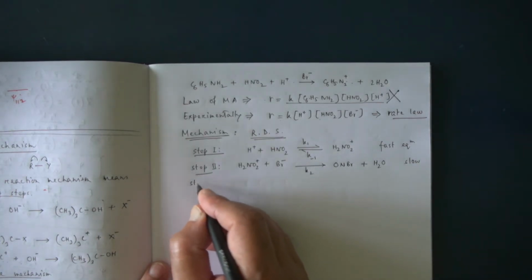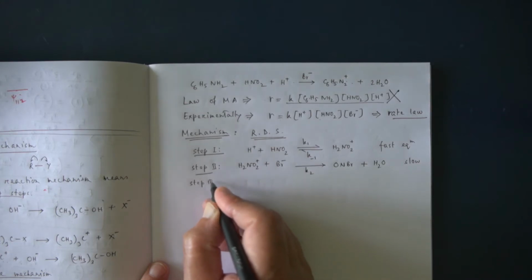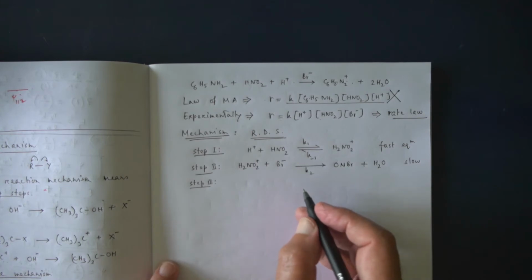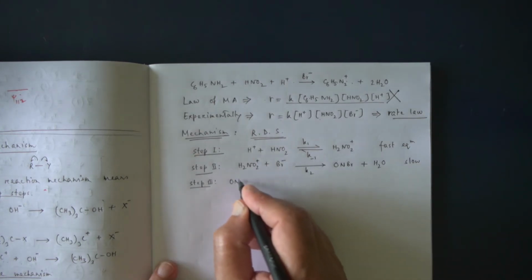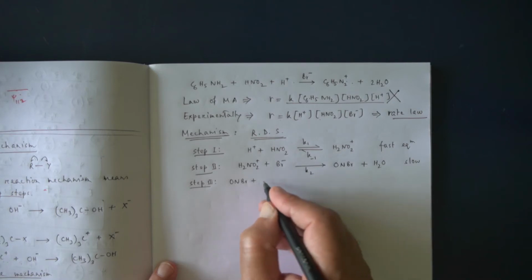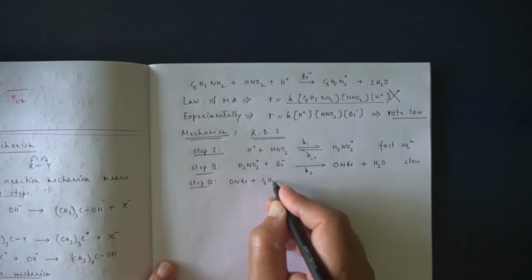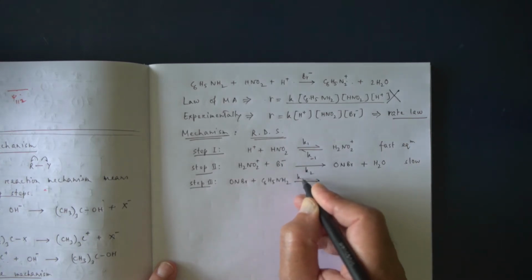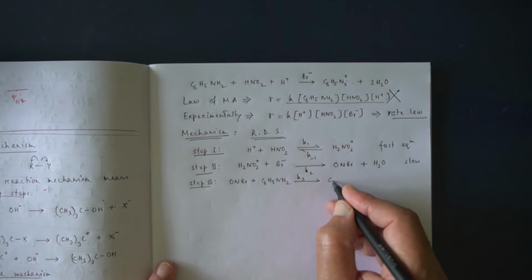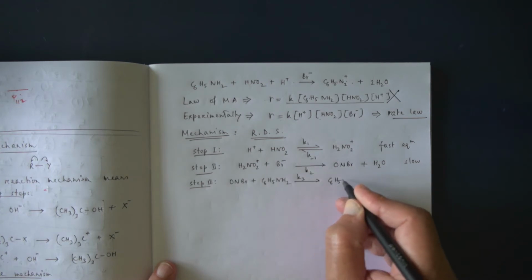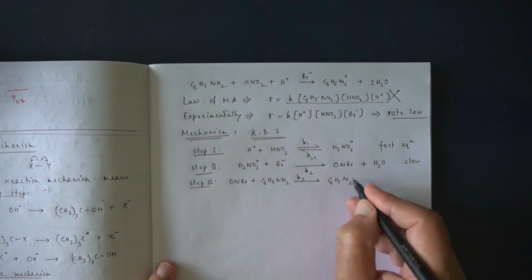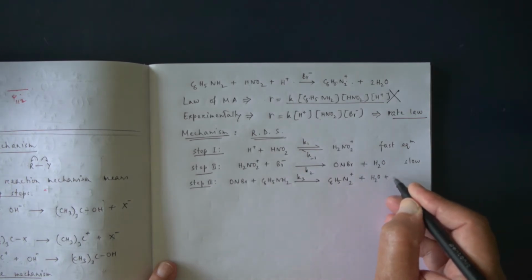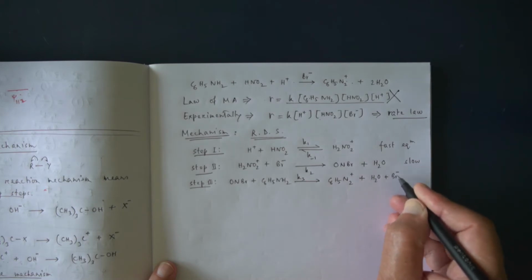Then what is the third step? The slow reaction is followed by a fast reaction. What is the fast reaction? ONBR plus C6H5NH2, with rate constant K3, gives C6H5N2 plus H2O plus Br minus.